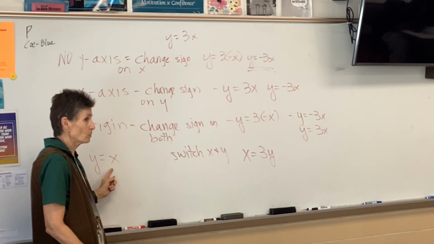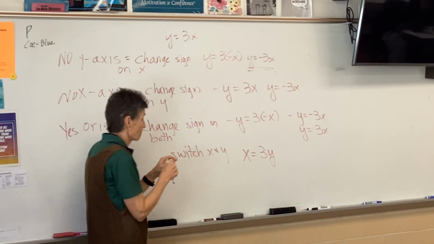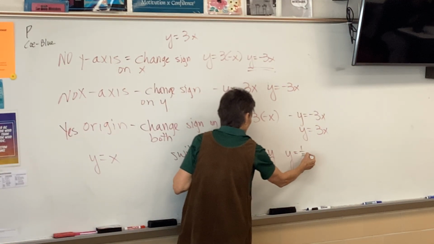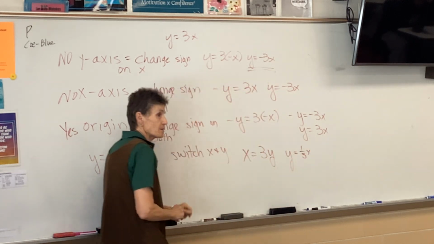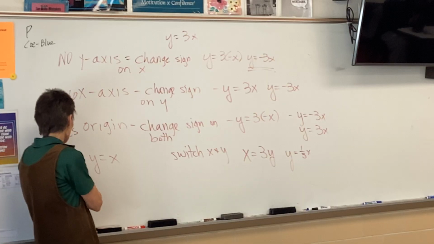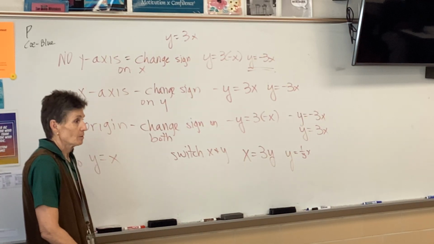Because if y equals x, you ought to be able to interchange them. Is that the same as what I started with? Nope. So that problem has symmetry about the origin.